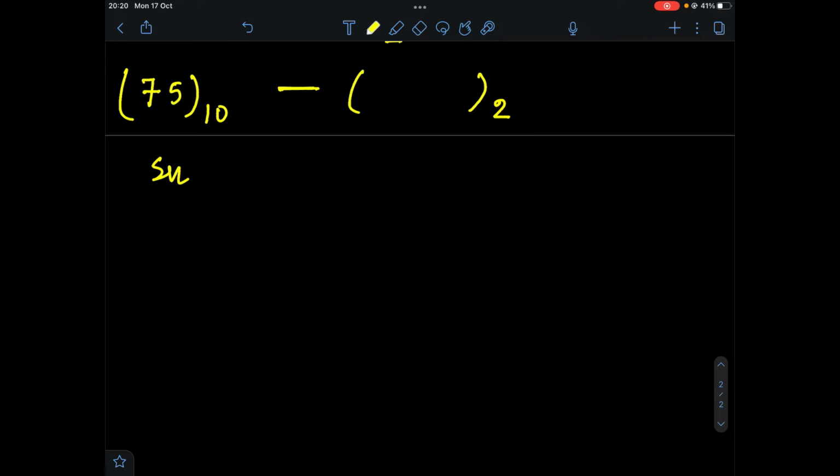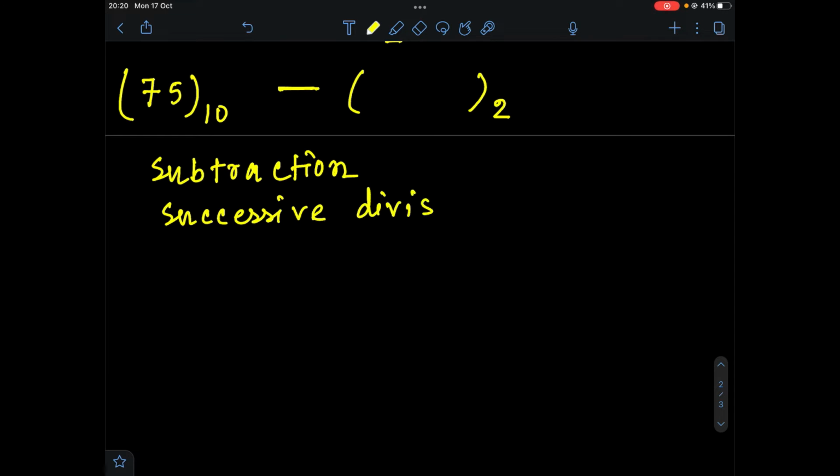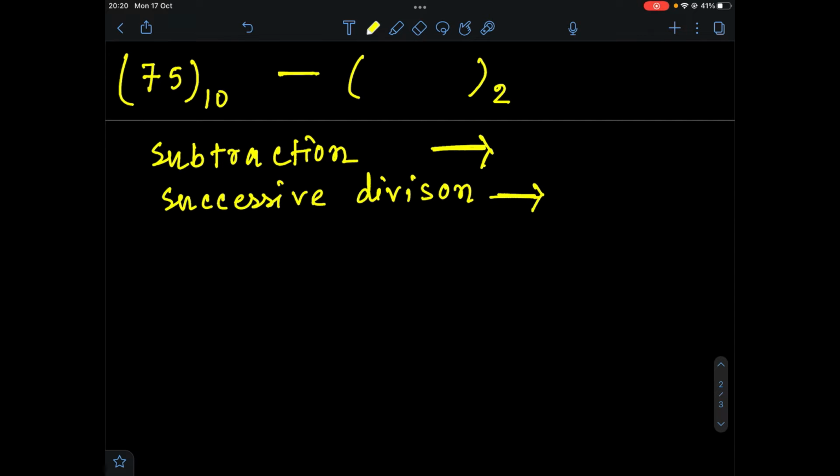First method is the subtraction method, and the second one is the successive division method. With the first method you will learn how to convert, and the second method is just a proof of the first method. So let's start with the subtraction method.